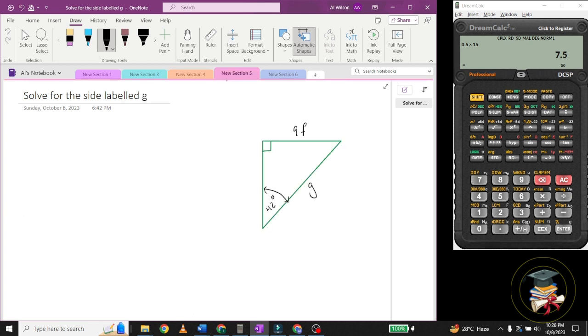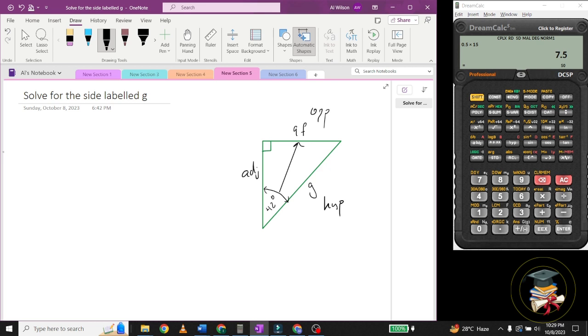Alright, so we're almost finished. We just have 2 more questions to go through in this video. Now this is the side that's labeled G, and notice it's the diagonal, so it's the hypotenuse. Drawing our arrow, we can clearly see that this is the opposite, leaving here to be the adjacent.